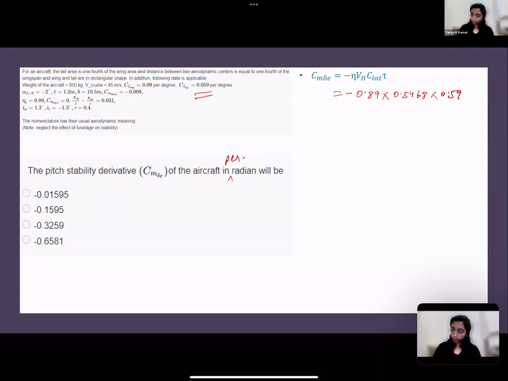Into tau is 0.4. Tell me the answer. D is the answer. Correct. Your Cm delta E, again, you see it's negative.